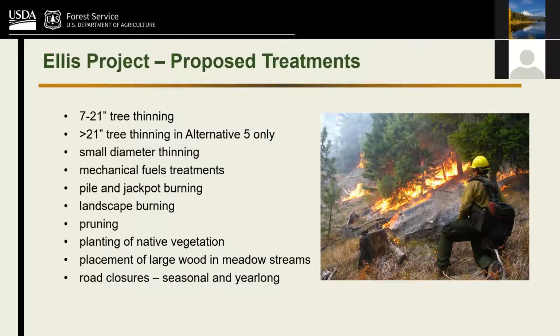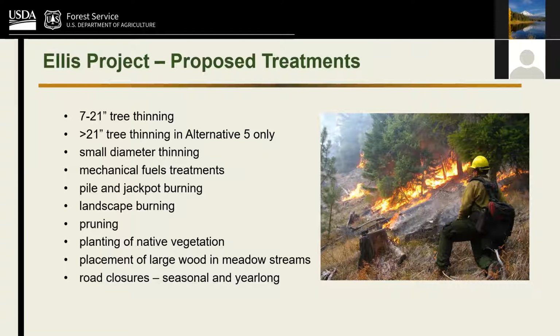The treatments that we're proposing include thinning trees, so harvest and also thinning of 7 to 21 inch trees. And then for alternative 5 only, which would be consistent with the new 21 inch amendment that just happened, we could, in some cases, remove trees greater than 21 inches.